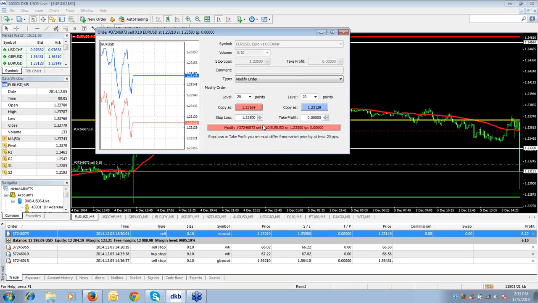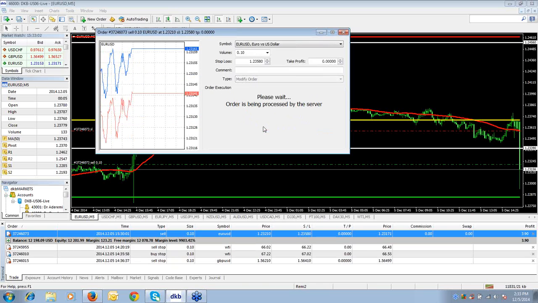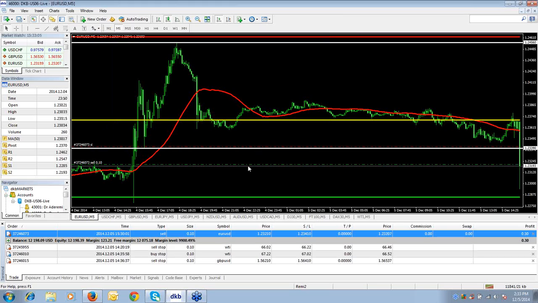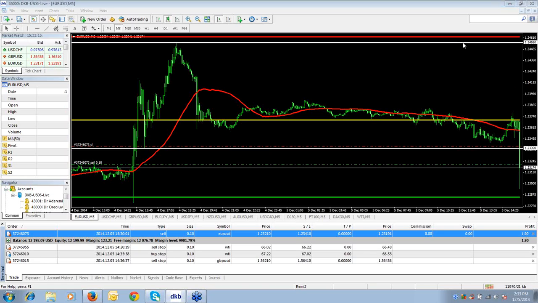So I need to adjust that to 2341. Because the plan is to risk 20 pips. I don't want to risk more than 20 pips.